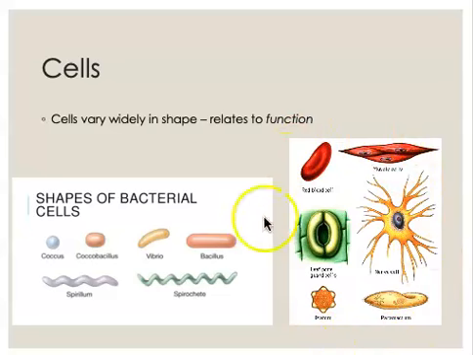Remember, eukaryotes can be single-celled or multi-celled organisms. And in the multi-celled organisms, groups of cells are dedicated to different types of functions. So if you look at a cell like this one, this represents a nerve cell, or what we more correctly refer to as a neuron.